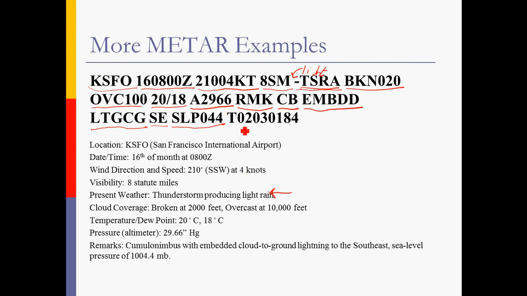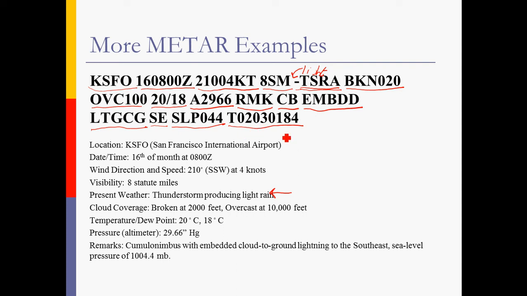And then the last sequence of information in this METAR here, T02030184. Now, do you have any ideas on what this tells you? Turns out that this gives a more exact representation of temperature and dew point in degrees centigrade. So following this T, there are 8 total numbers.